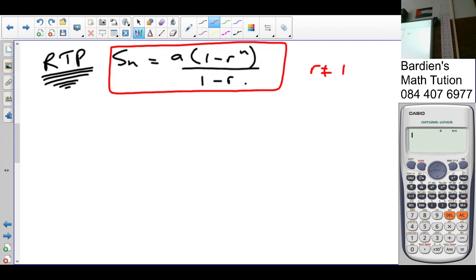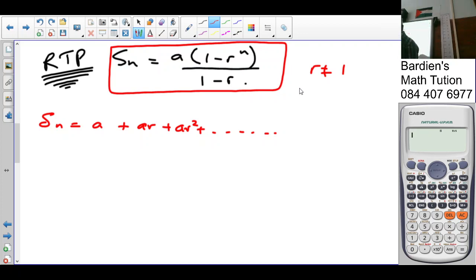So, as we did before, we're going to first say what the sum of terms is. Sn is going to be the first term plus the second term plus the third term plus, till the nth term. The first term is a. The second term, you multiply by r, ar. Third term, ar squared. Fourth term, ar cubed, and so on.